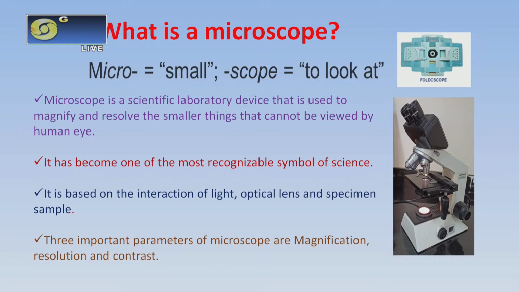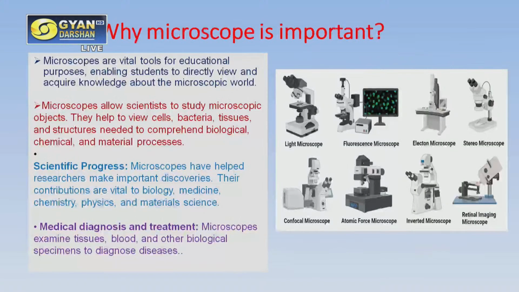It is based on the interaction of light, biological specimen, and optical lenses. There are three important parameters we want to discuss here. Basically the microscope is based on magnification, resolution, and contrast. So why is the microscope important? Basically for teaching and research, and at the microscopic level of biological specimens we need a microscope.